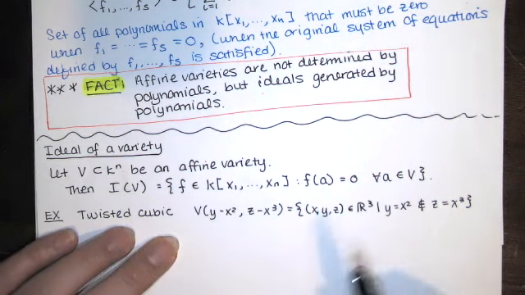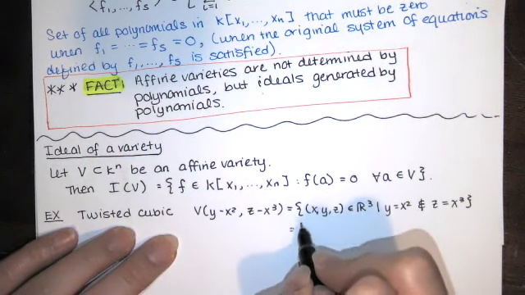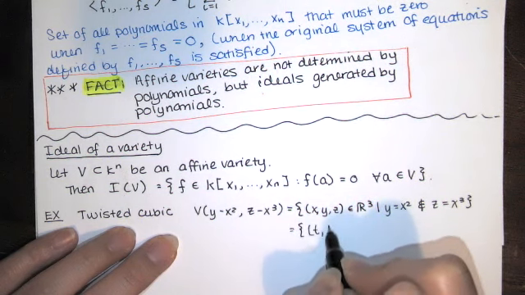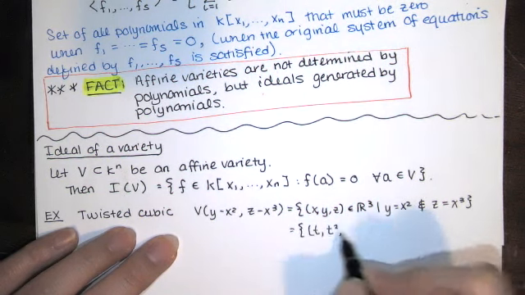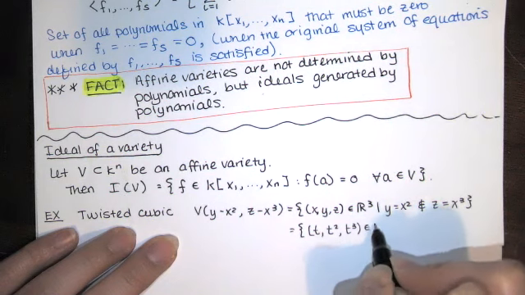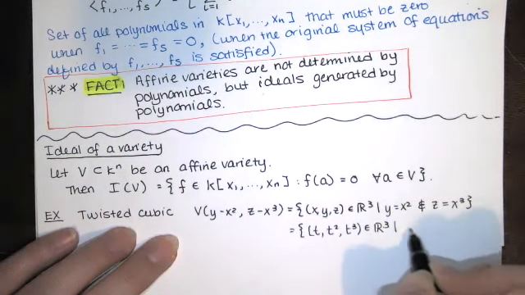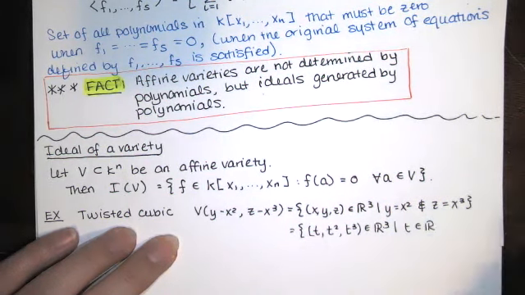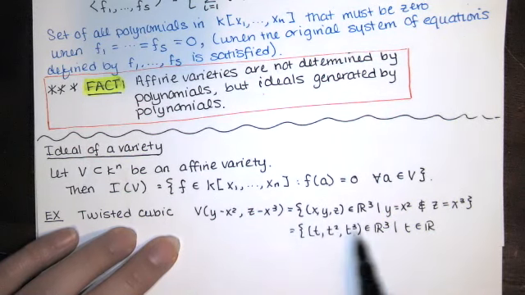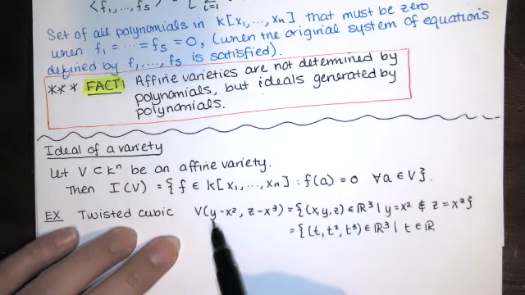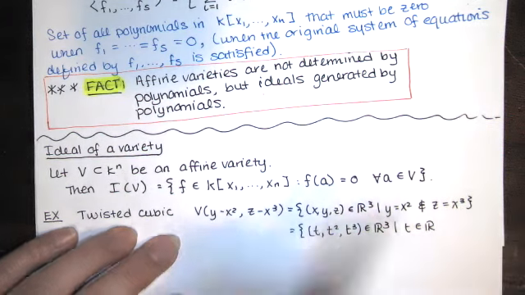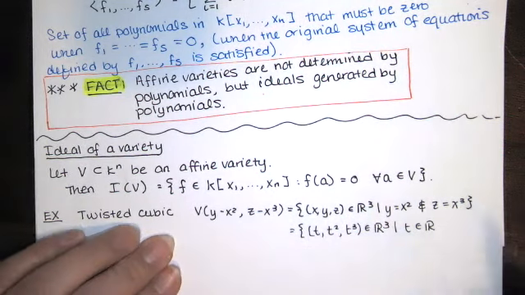And it turned out that this gave us a curve, and we came up with those parametric equations for the curve. If x equals t, and y equals t squared, and z equals t cubed, where t is some real number, then these ordered triples are the solutions, or the set of points that belong to this affine variety.